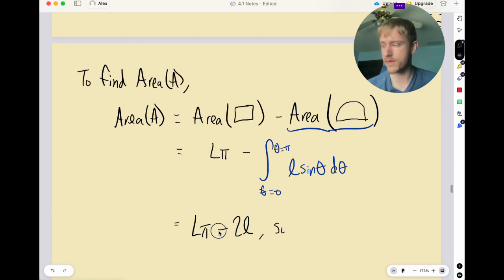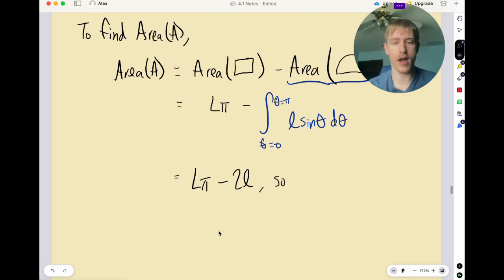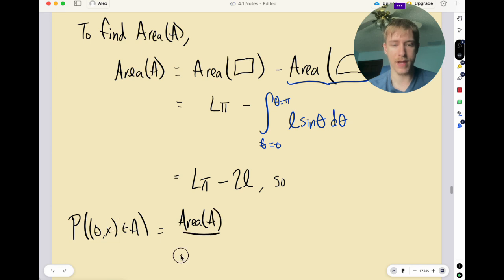So what we have is that the probability that, I forgot if I put theta, I think theta went first, theta x is in the region A, well, that's just going to be the area of A divided by the area of the entire region B, which I know I really haven't defined, but the area of B is just the rectangle.